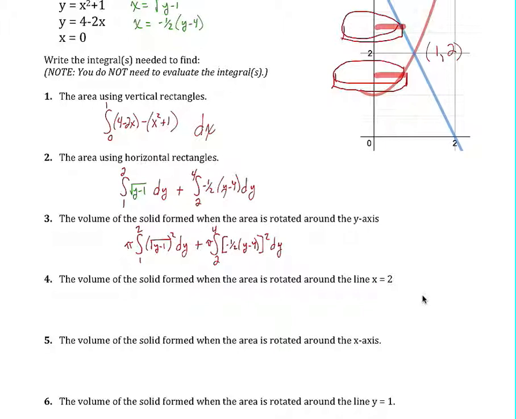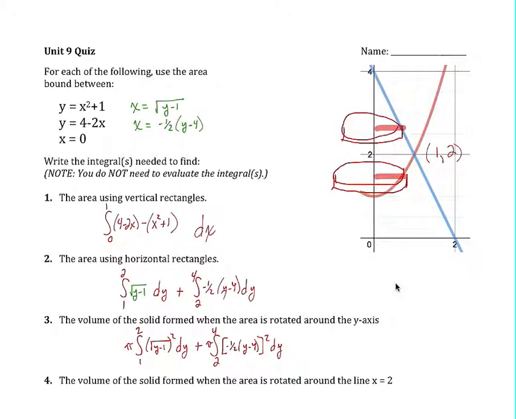Now, if we rotate this around x equals 2, we can actually make a stab at drawing those disks. So let's erase this. And the line we're rotating around, the axis we're rotating around, is right there. And the disks we're going to get, right?